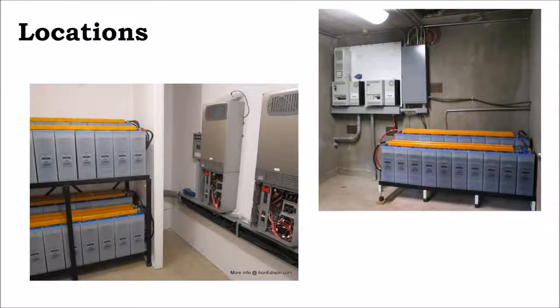And so we look in these rooms, and the question is which of these rooms is compliant or not. These both would be considered damp locations. There's actually a few points about this array that are not compliant. The first is the depth.